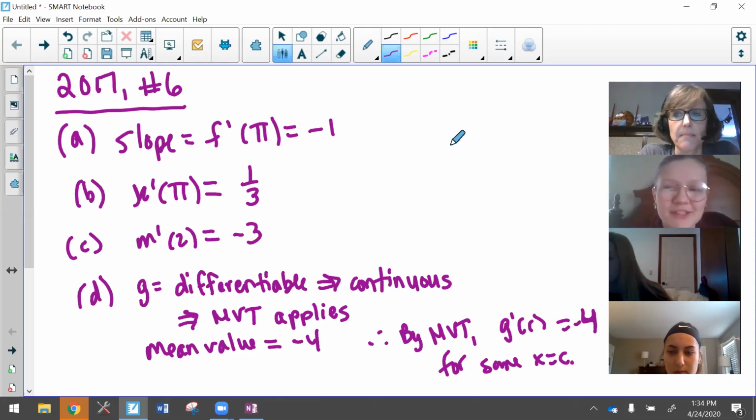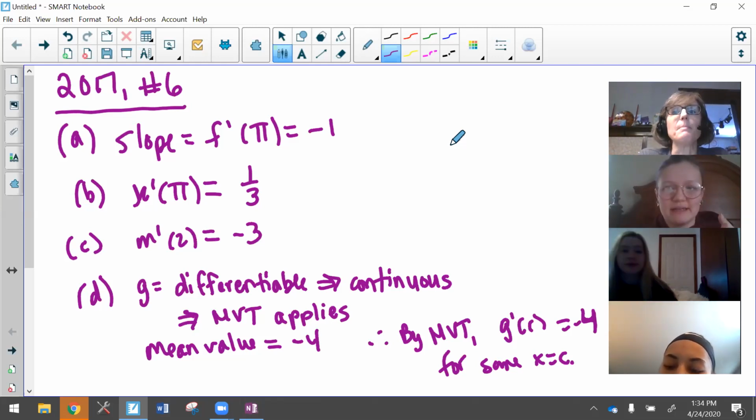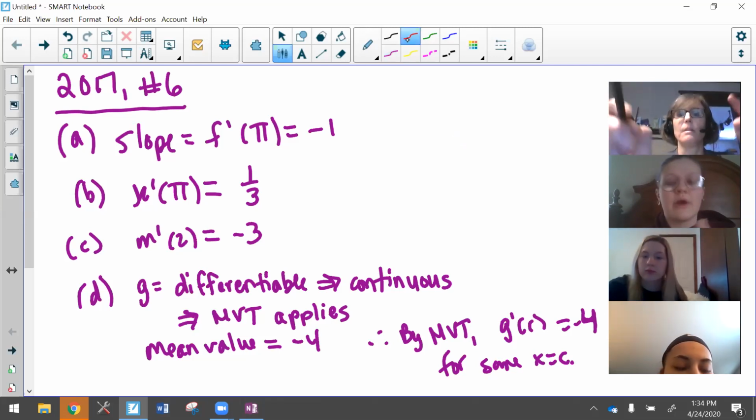I understand how the mean value theorem works: if it's continuous and differentiable around the interval, then there must be some point that has the same slope as the average. Okay, perfect.